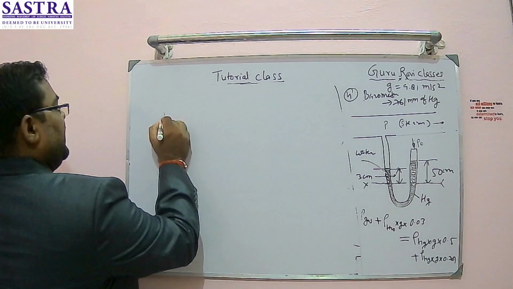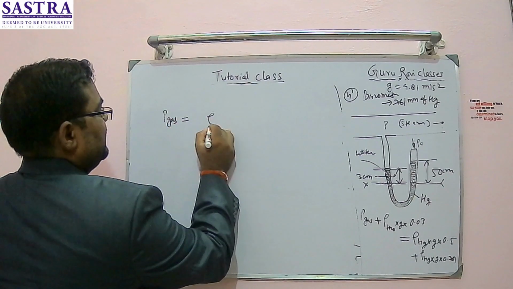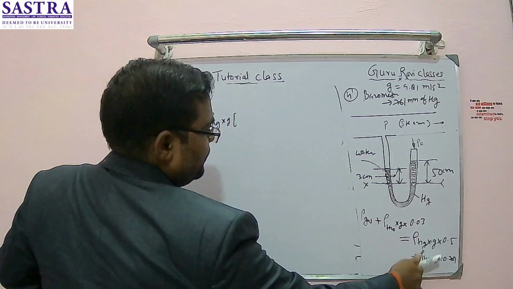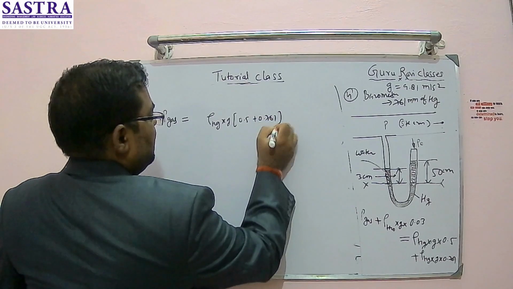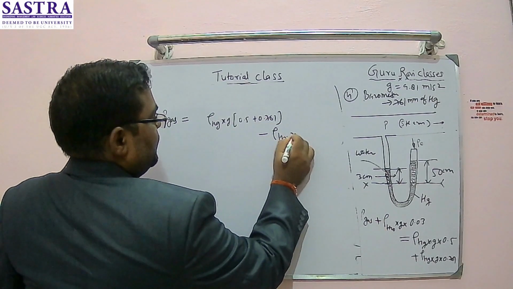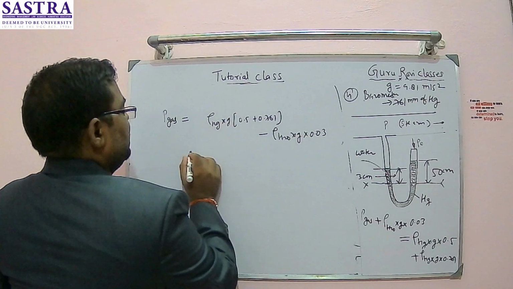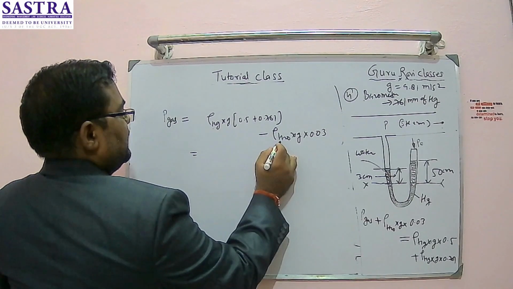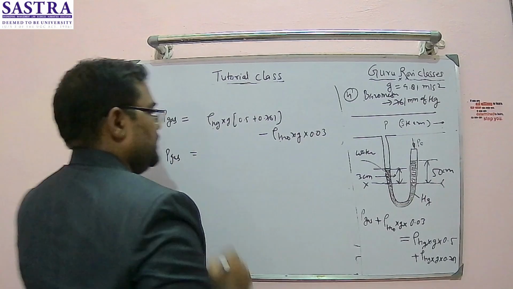So P of gas can be written as density of mercury into g, and these two terms you can add, so 0.5 plus 0.761, minus this term that goes to this side, rho of H2O into g into 0.03. Just substitute the values. Density of mercury 13,600, this is 1000. You solve this, you will get P gas in absolute, right?